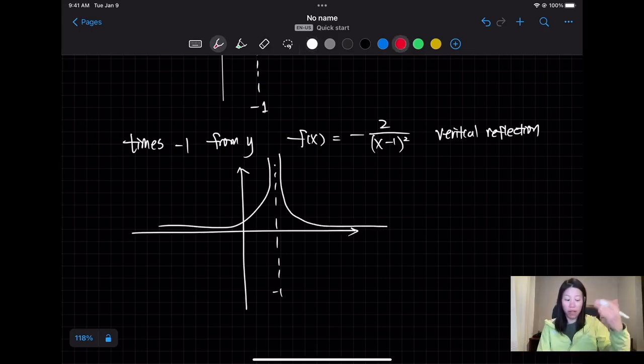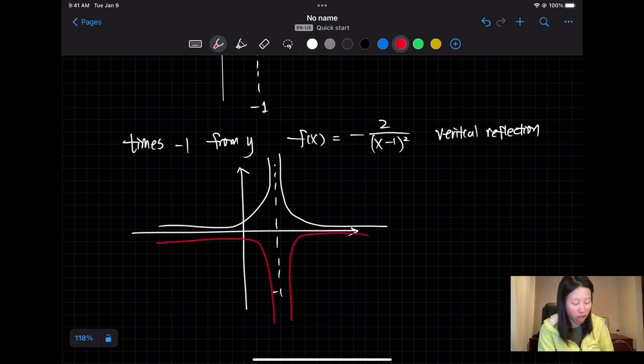And then you reflect them vertically, so your function looks like this one. So now your increasing and decreasing intervals should change. From negative infinity to negative 1, this has become your decreasing interval. I'm going to use this for our decreasing sign. And then from negative 1 to positive infinity, this is going to be an increasing interval, because the graph is increasing as x gets bigger.